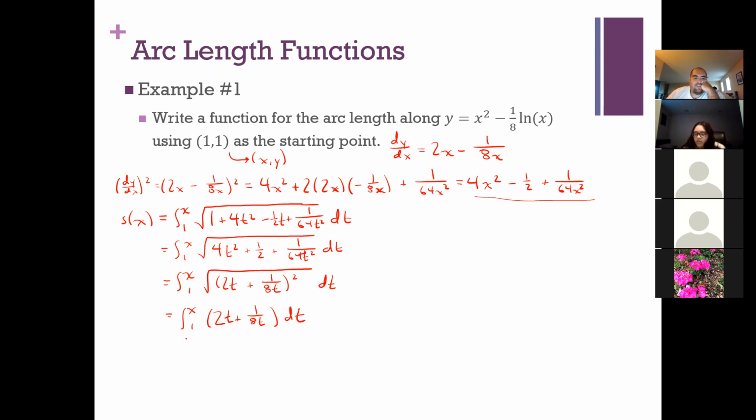Having our independent variable as one of the bounds doesn't really change that we still have to take an antiderivative and evaluate it at both limits. So this antiderivative becomes t squared, and 1 over 8t gives 1/8 times the natural log of t. I'm going to leave off the absolute value since this function is not defined for negative numbers anyway.